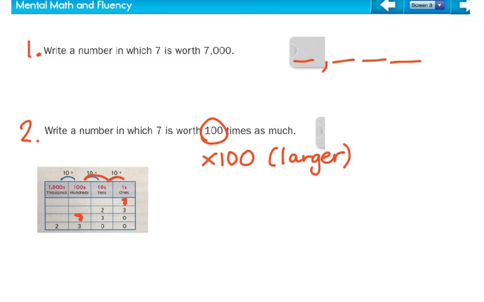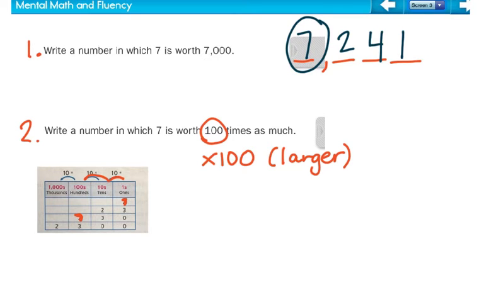All right, so I'm going to write a number with a 7 in the thousands place. I'm going to say 7,241. As long as you have a 7 in the thousands place, you have that part correct. Now, if I'm going to make a number that is 100 times greater, think about this, 7,000, and I need 100 times greater.